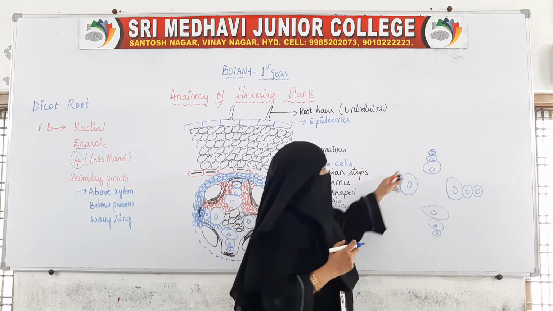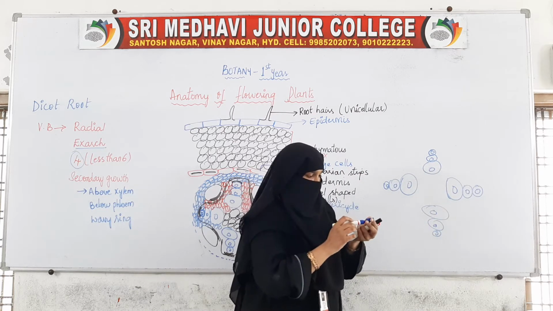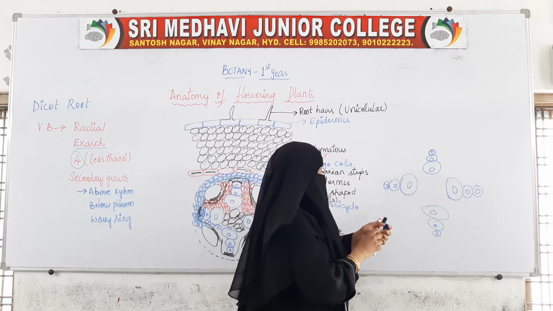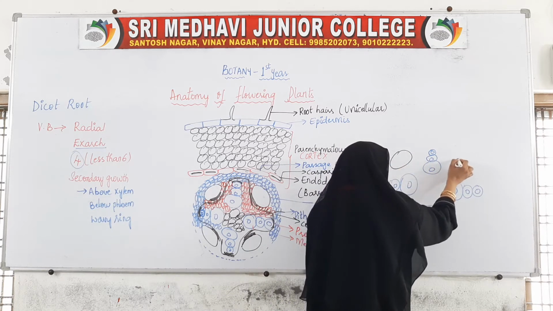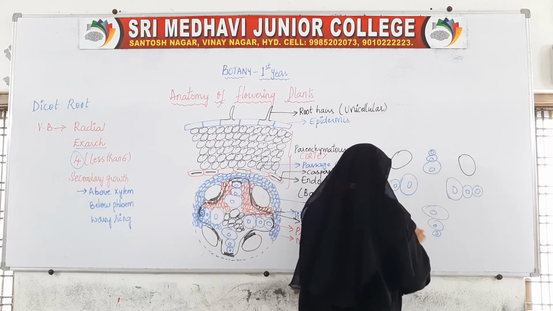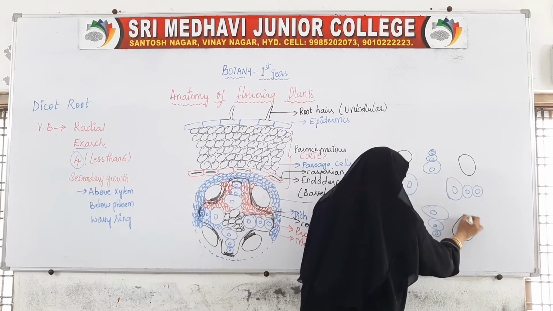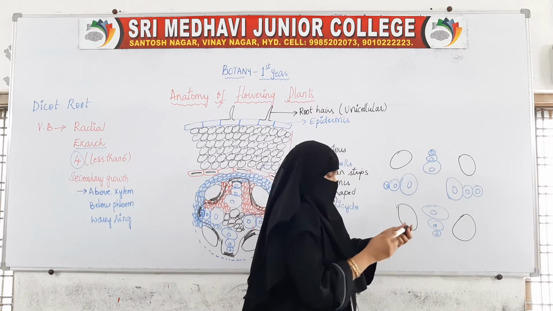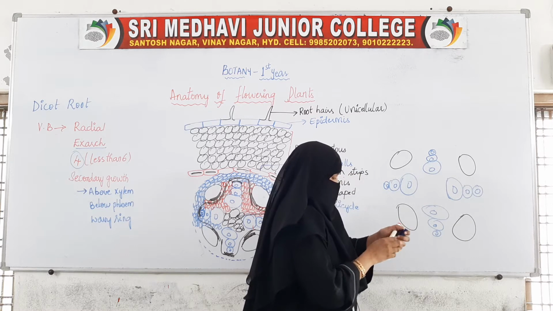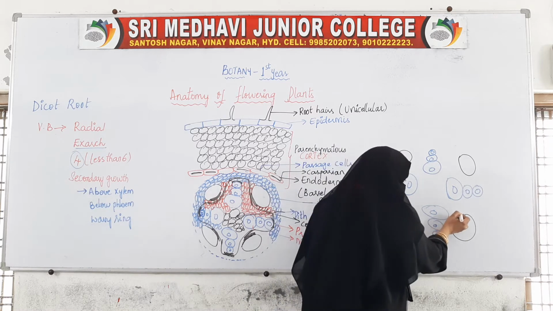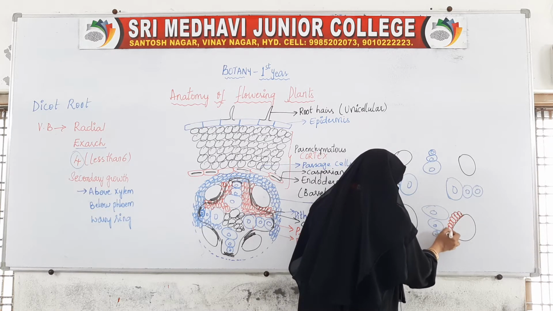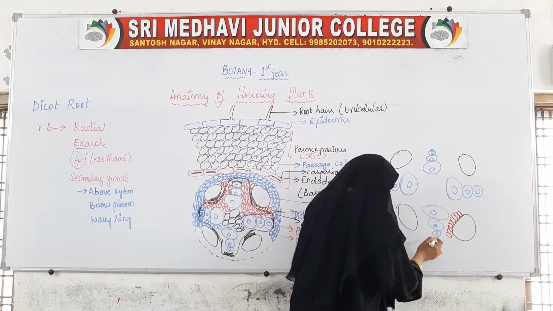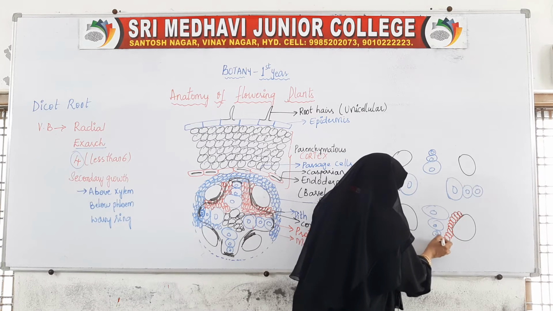So these are the 4 bands of xylem, and here we have the phloem. I'll draw the cells. Below this phloem, the conjunctive tissue will be there, and above the xylem we have the pericycle.